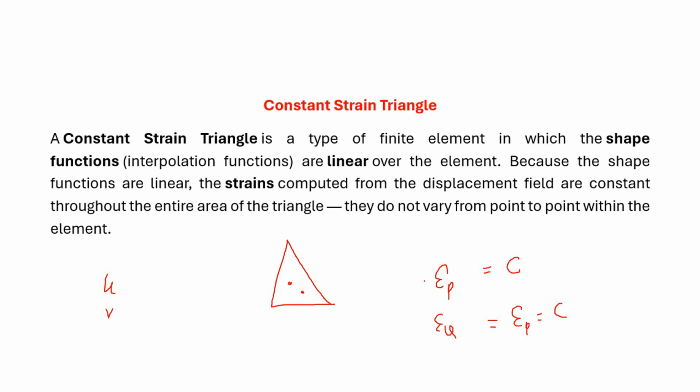All these things are evaluated in finite element analysis. In the constant strain triangle, as I told you earlier, the shape functions are linear, and because of that, the strains computed from the displacement field are constant throughout the entire triangle. They do not vary from point to point. That's why it's called constant strain triangle.